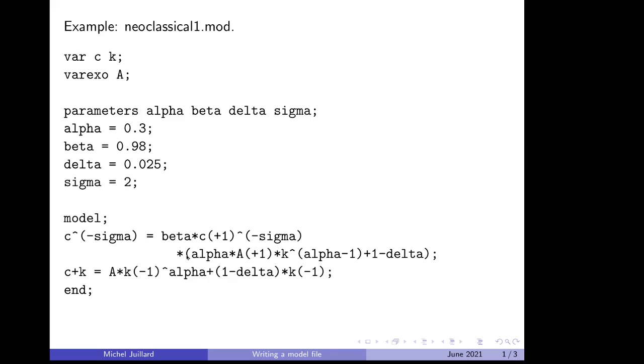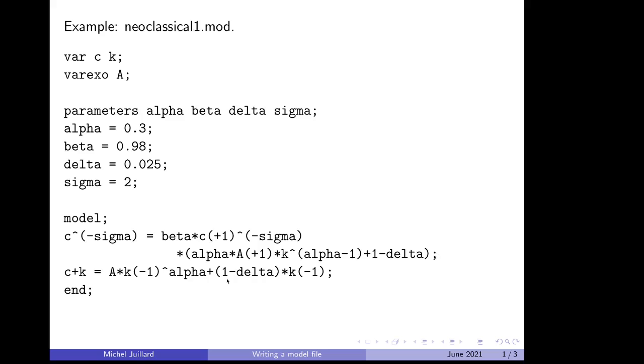Multiply, notice that the multiplication in the MATLAB language that we use for Dynare needs to be explicit. So you use a star to indicate the multiplication. Then alpha times A, again t plus 1 in parentheses, multiplied by Kt at the power of alpha minus 1 plus 1 minus delta. Again, one equation is terminated by a semicolon.